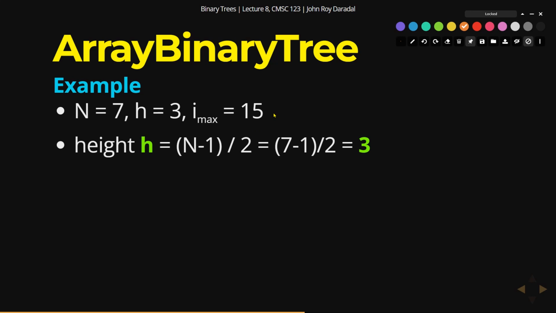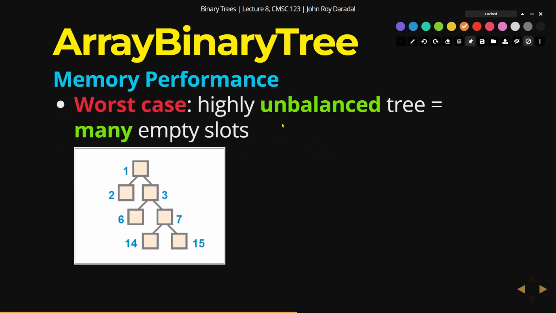Okay, so how did we get the height? We got the height by dividing n minus 1 by 2. Why did we do that? Because, okay, since we have n nodes, except for the root, which is alone in its own level, we'll remove the root, so we'll take minus 1. And then how many levels are left?